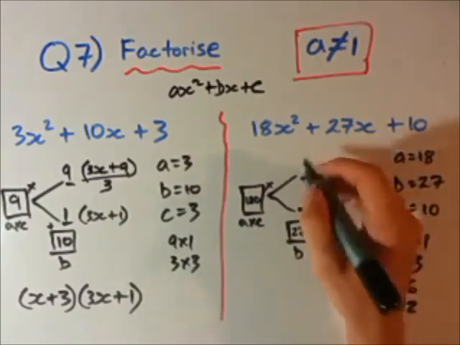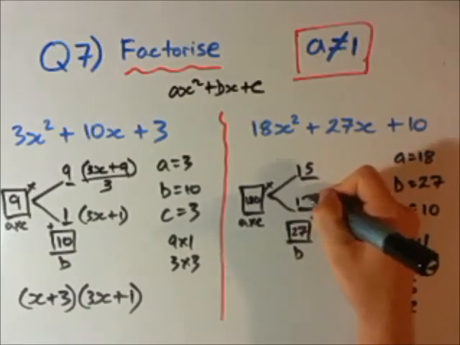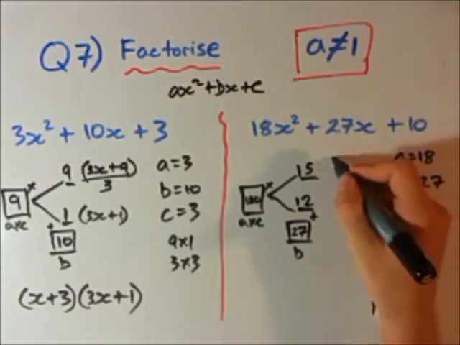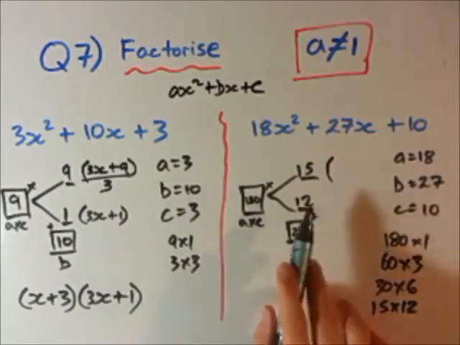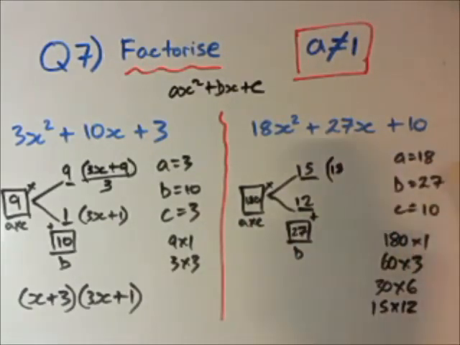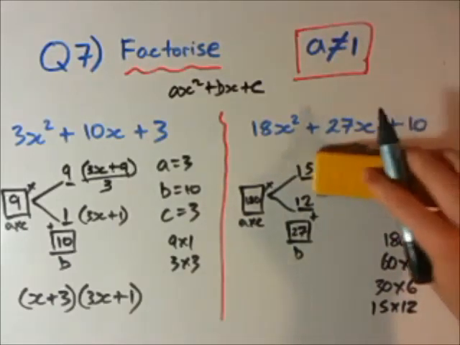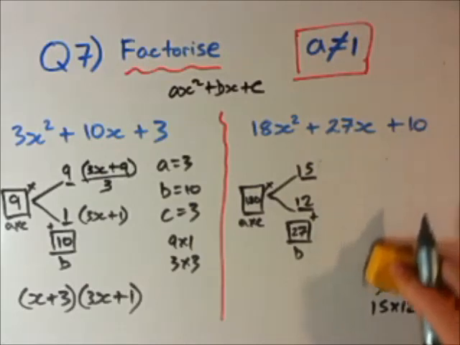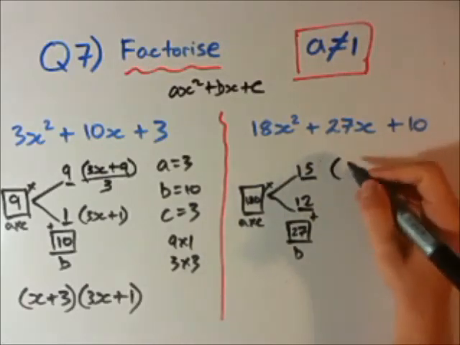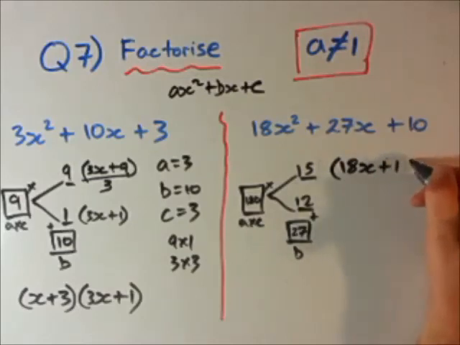There we go. So as soon as you get it, you can go ahead. 15, 12. Now I need to write, let's squeeze for room here. A is 18. Actually, I'm going to rub this out for now, just so I have enough room. And I'll rub that out as well. So this here will be 18x plus 15.